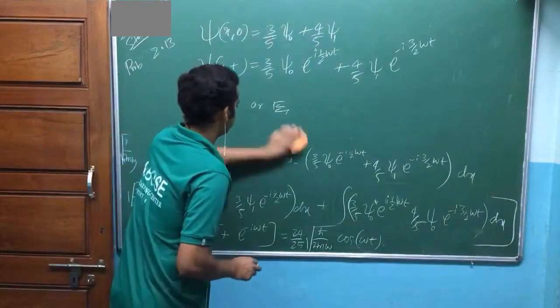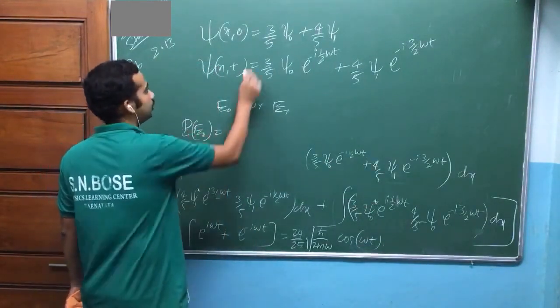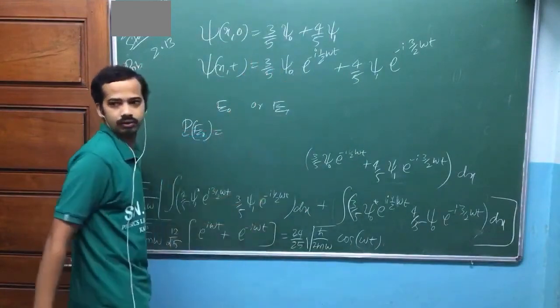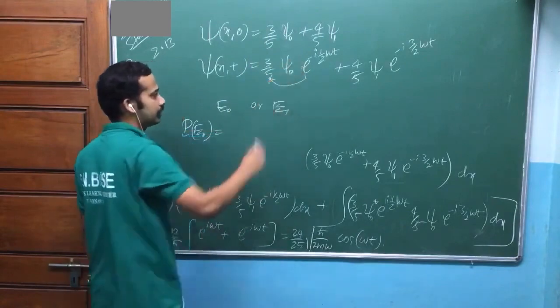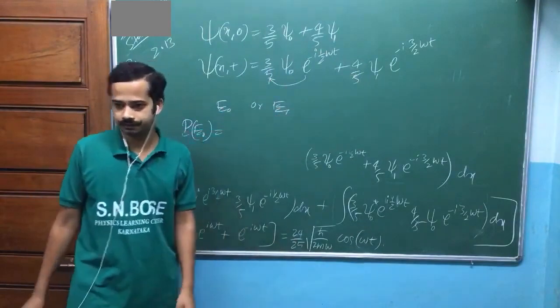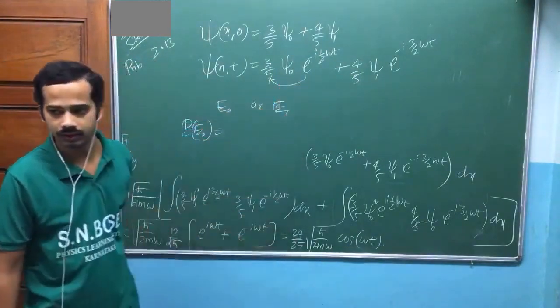Probability of getting E0, what is this? This coefficient mod square. It doesn't matter whether you have this factor or not. Suppose you feel this factor is disturbing, take this factor and then take mod square, then again this will not introduce anything. Mod square of this one is 1 again.